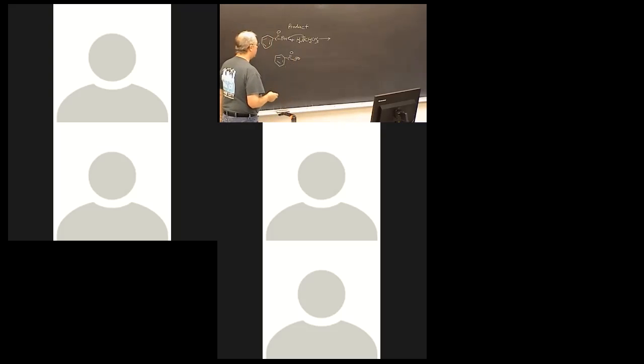So oxygen is now negative. Nitrogen gains an H, so it becomes positive. All right, so we get a salt. Okay, so this would be ethylammonium benzoate.